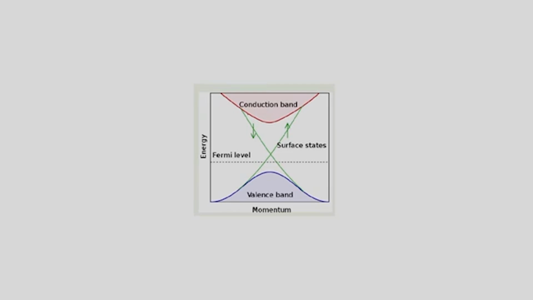And you see the conduction band and the valence band, these green lines that traverse, these are the edge modes. One of them corresponds to the downspin and the other corresponds to the upspin. So, these will give rise to these edge states or edge modes that are present in the system. So, this is energy versus momentum, and the conduction band is shown in red and the valence band is shown in blue.